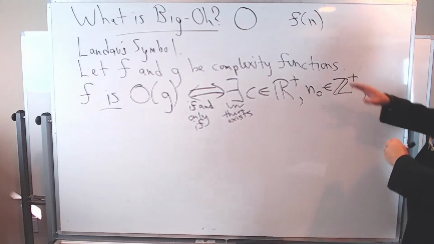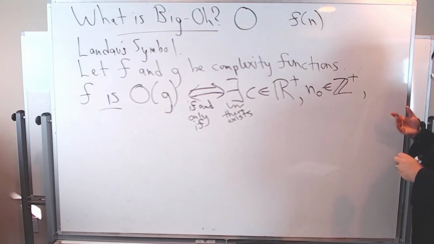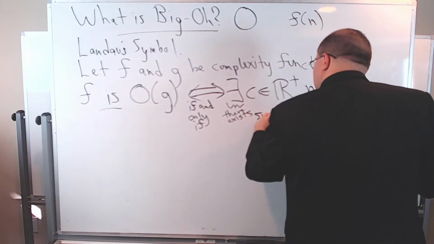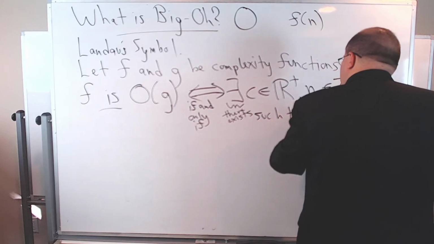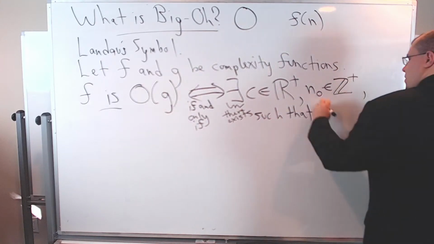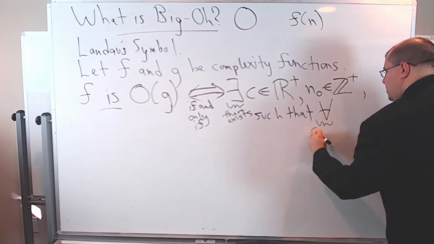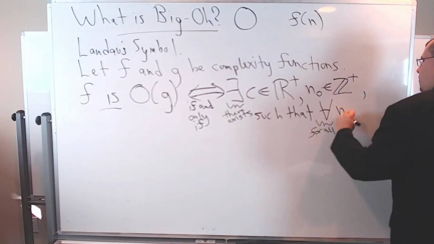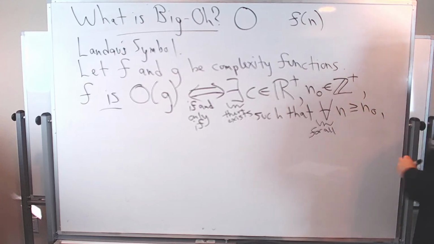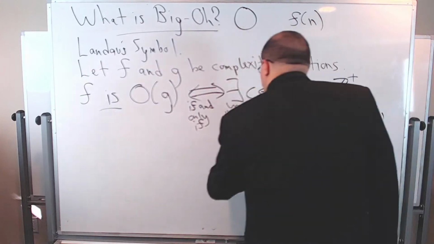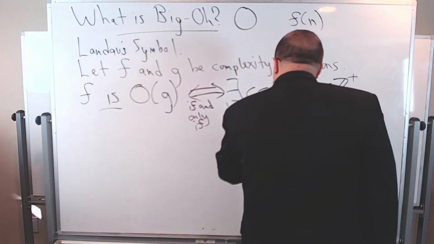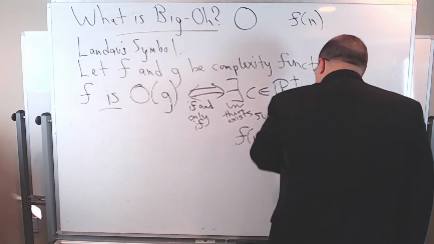So there exists c and n0 such that, this upside down a means for all n greater or equal to n0, f of n is less than or equal to c times g of n.